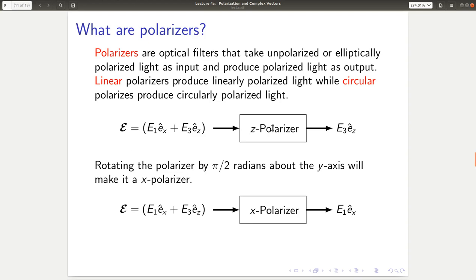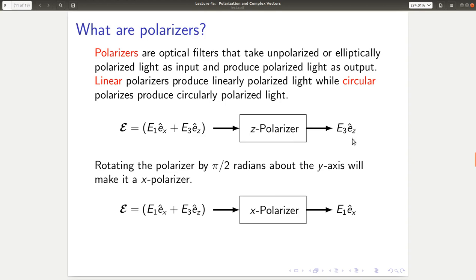And if you send in this light through a Z polarizer, what it does is it projects only the component along the Z axis. So obviously the intensity and the energy density, etc., goes down, but that is not important at this point. It is relevant, but not important. What is important is that it projects out the Z component, and we get a complex vector, of course, but a special complex vector with only a component along the Z direction.